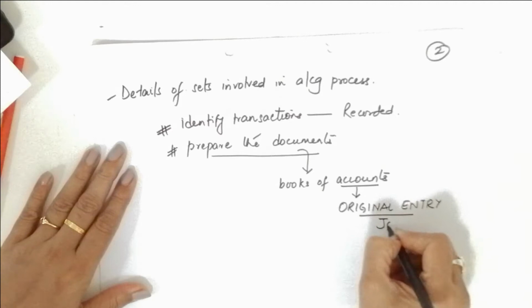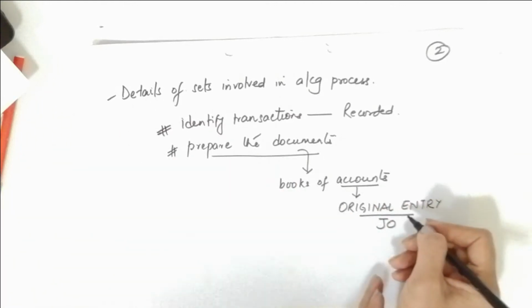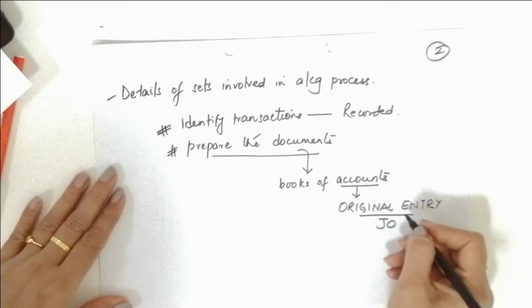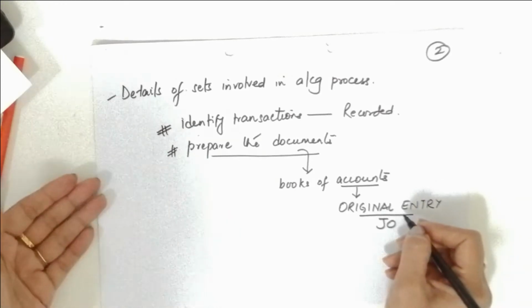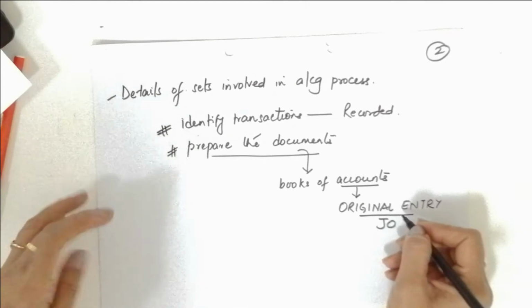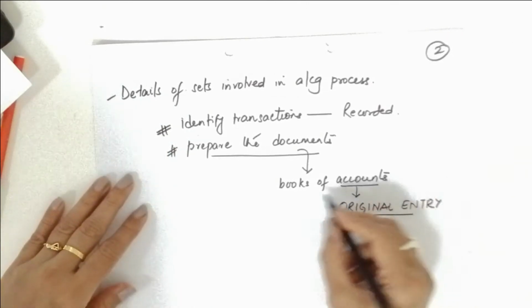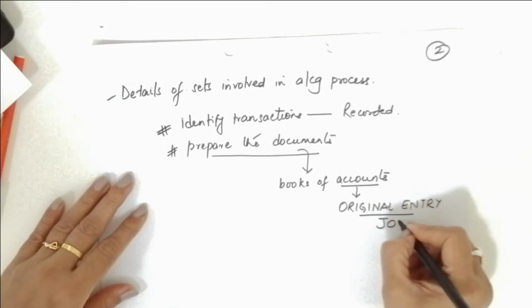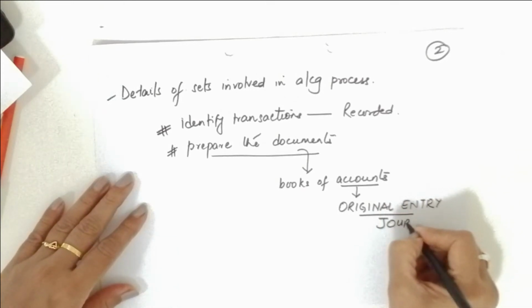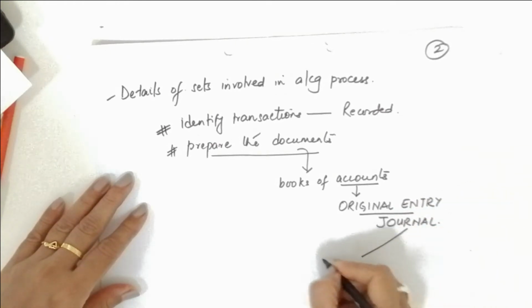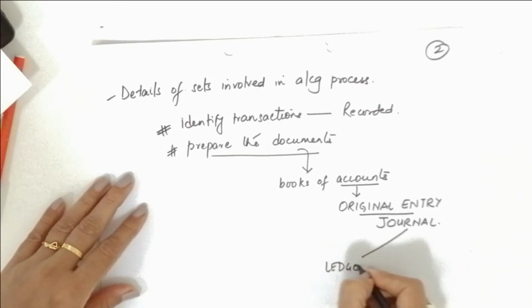These are called journal. Here you will just understand the terms, and as we move further, it will become very easy for you to understand and use these words and apply them. So books of accounts, original entry, which is called journal. And from here, it is posted in the main books, which are called ledgers.